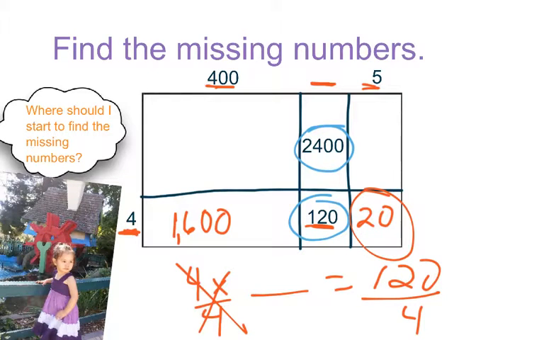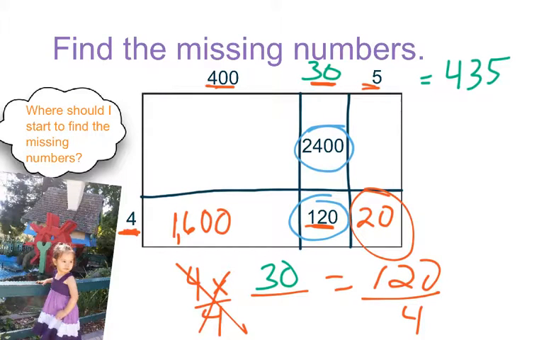Or, of course, I can just use mental math and say, well, I know that 4 times 30 is 120. So I know 30 is my missing number here. So I know my top number is 435.